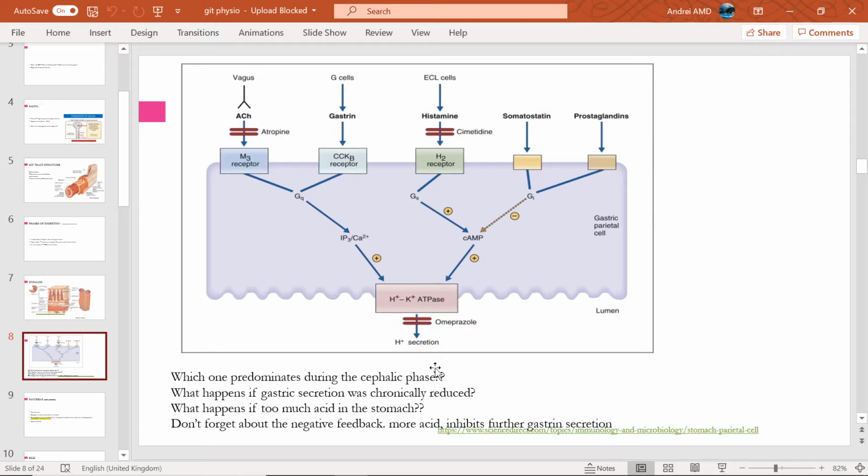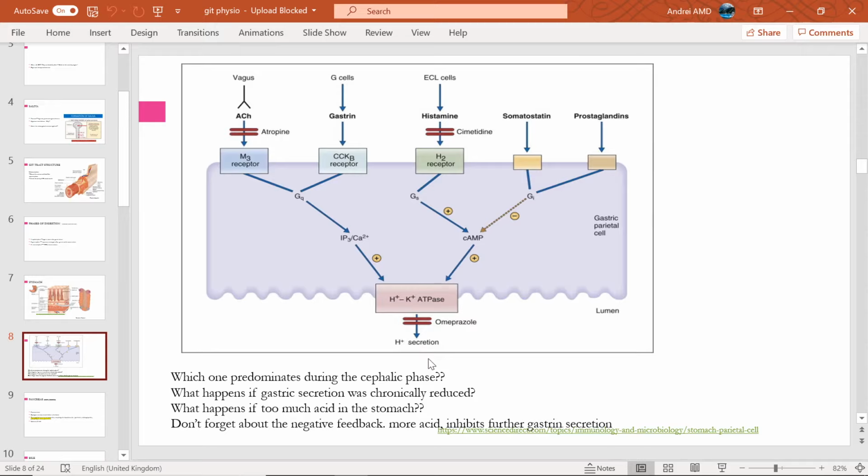It's easy to remember because imagine all the H plus is outside of the parietal cell. And you have to secrete it even more, even though there's a lot of H plus outside. So it has to secrete against the concentration gradient. And of course, that requires a lot of energy. So that's why it's an ATPase.